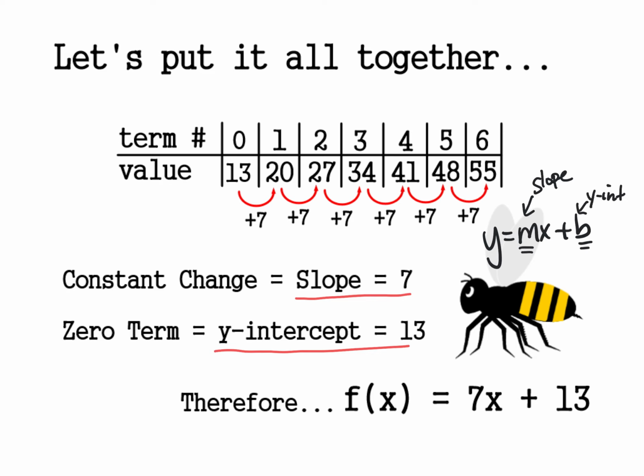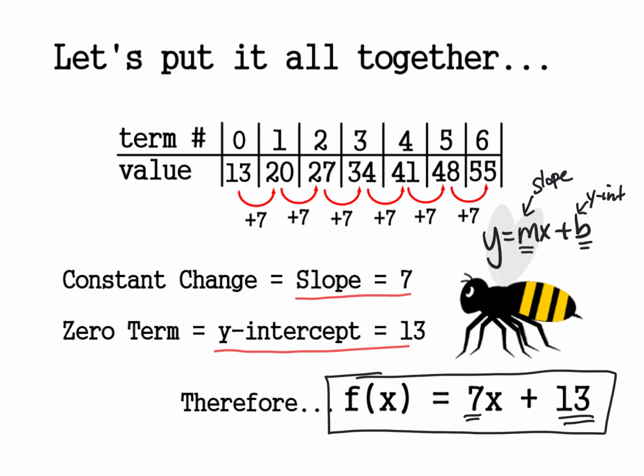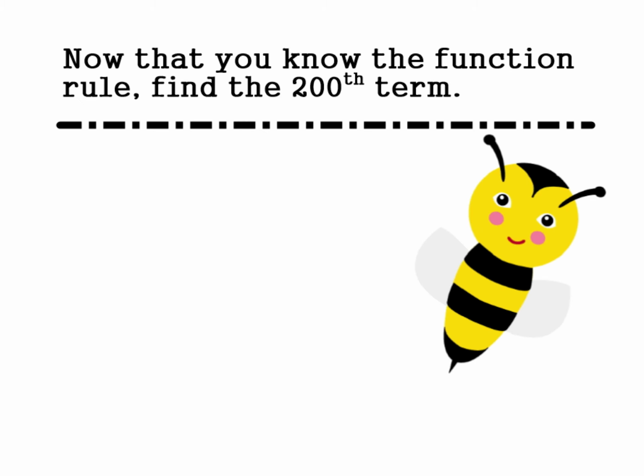Right? So we're just plugging our slope in here in front of the x, and then our y-intercept is our constant. This is our function rule. So this right here is our function rule. Again, I don't care if you use y or f of x, whichever you prefer. So now we know we had y equals 7x plus 13, right? That was our equation.